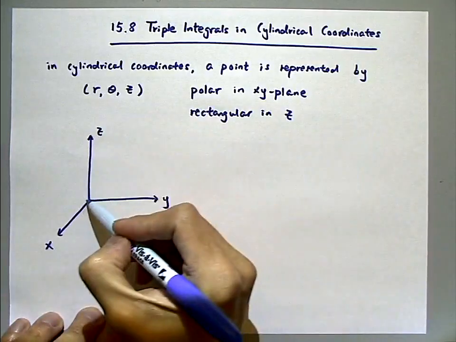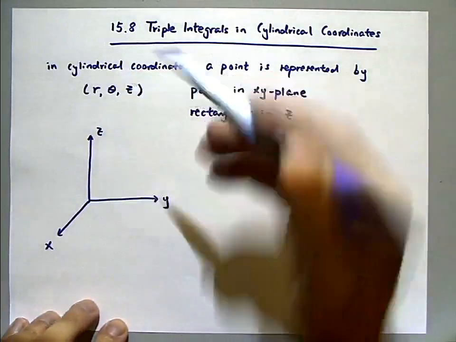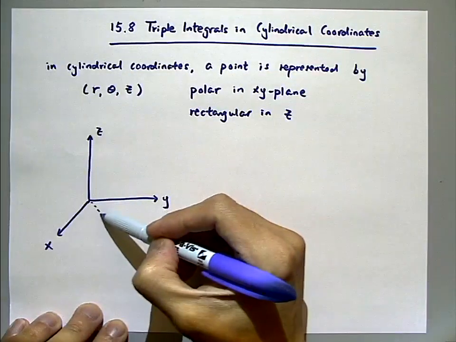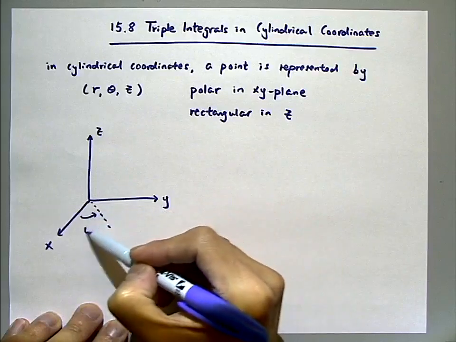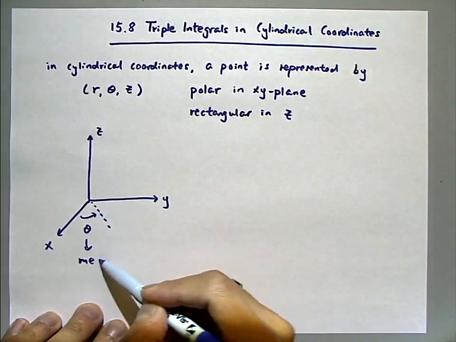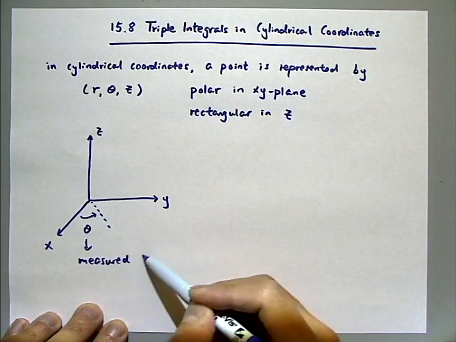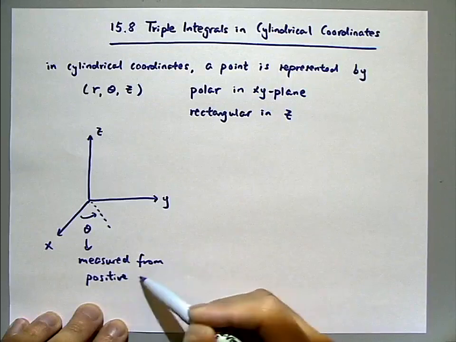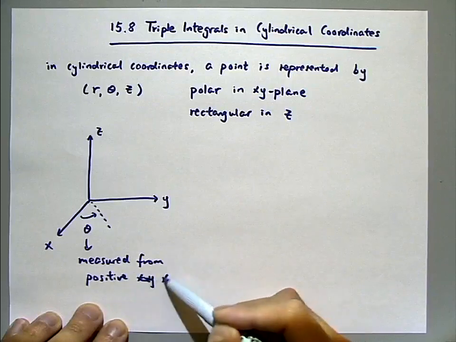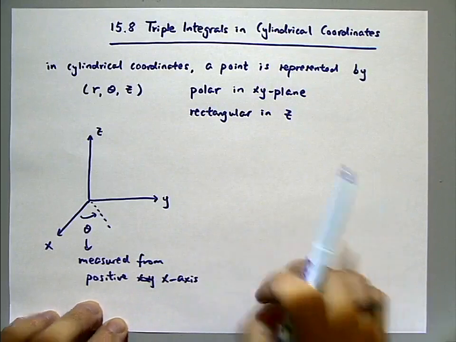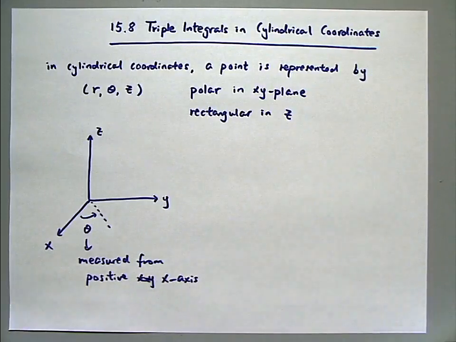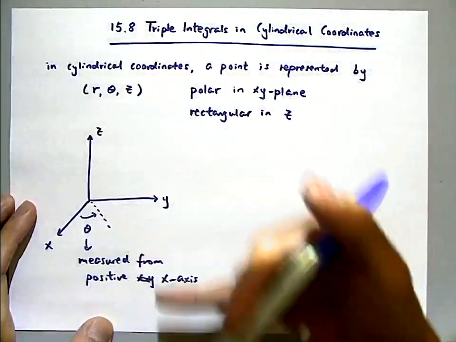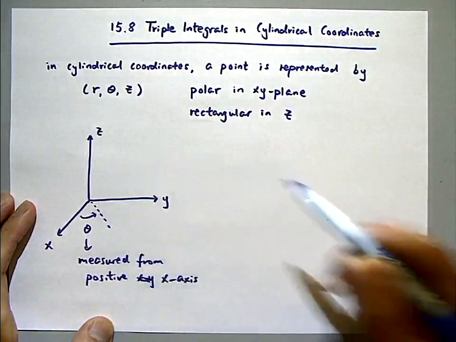As usual, r and theta are always measured from the positive x-axis, just like polar. And r, of course, is the distance in the plane from the origin.